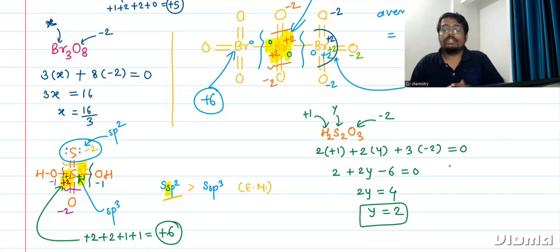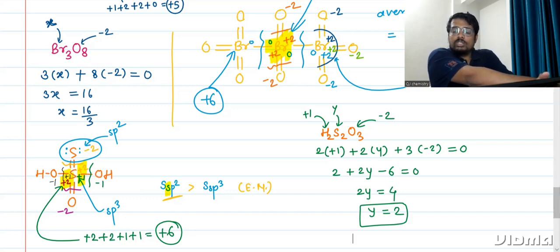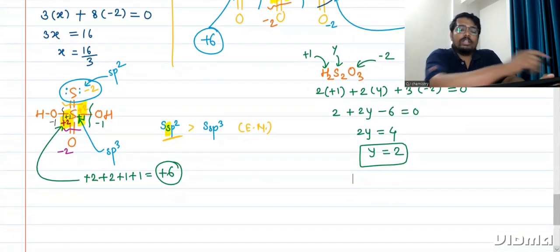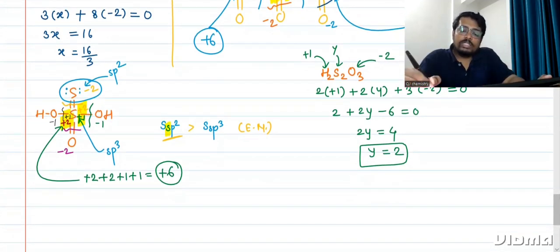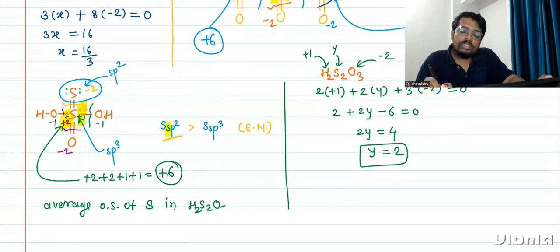Here we can also take it from the structure. Let us find the average oxidation state also, because the individual oxidation states of the sulfur atoms are different. So first calculate the average oxidation state here. The average oxidation state of sulfur in H2S2O3: two sulfur atoms are there.